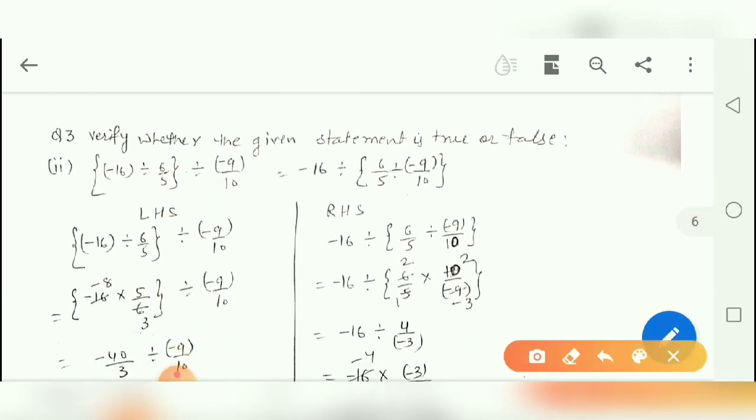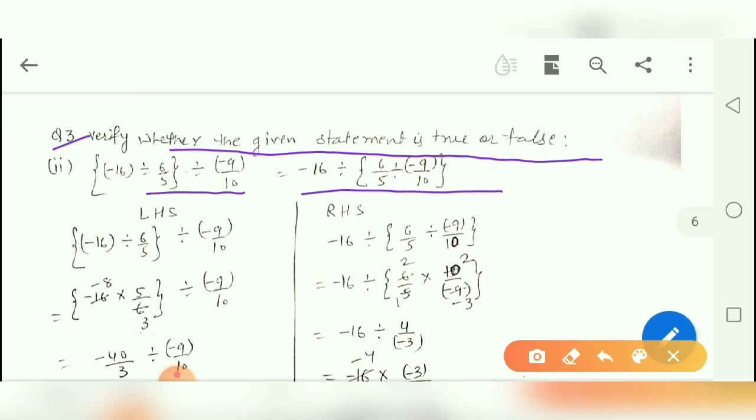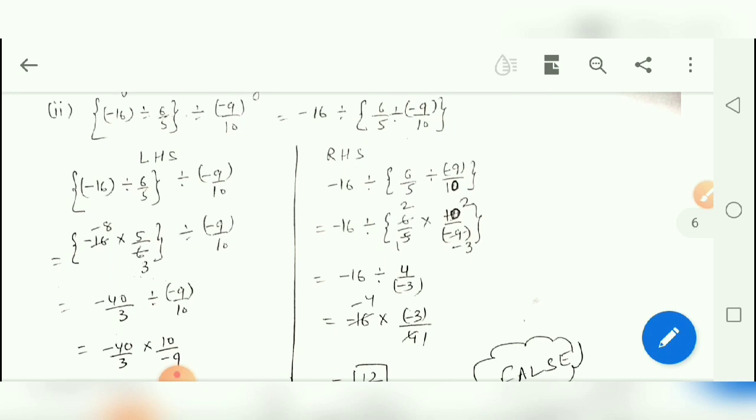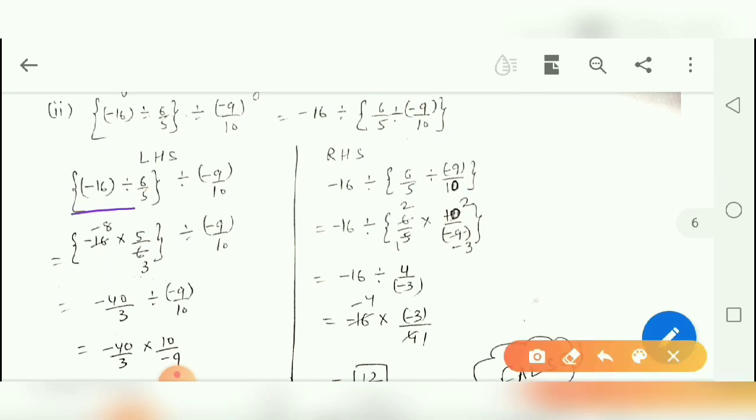Now in question number 3, again we have to verify whether the given statement is true or false. Again on left hand side one equation is given, on right hand side one statement is given. So we have to solve it separately and see whether they are equal or not. See on left hand side there is one bracket in which negative 16 is divided by 6 by 5.